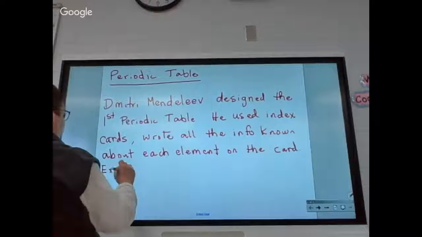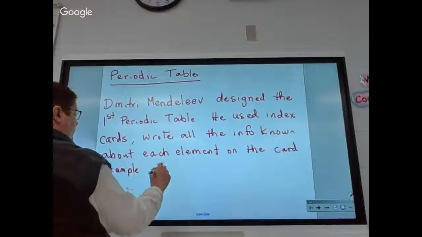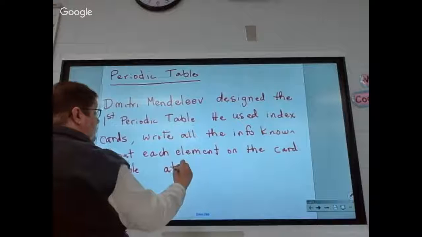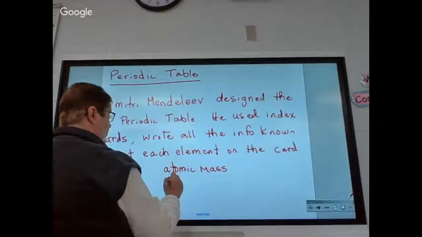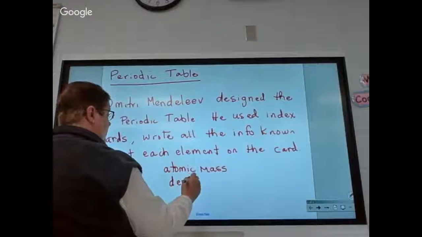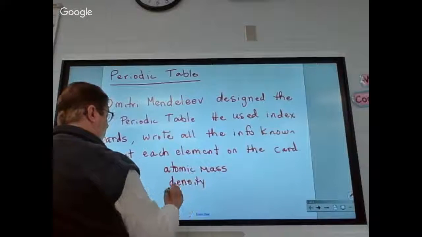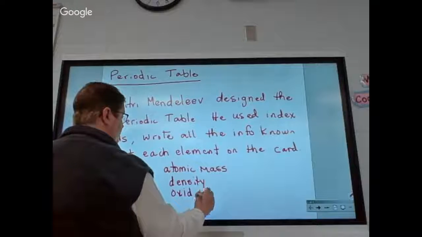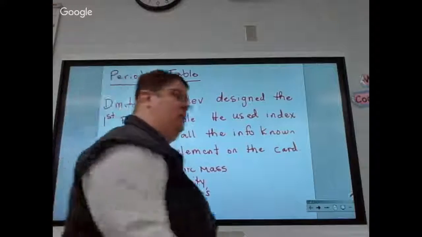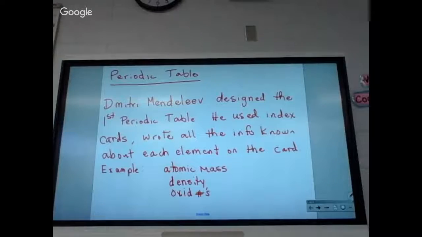For example, he included atomic mass, which was all that was known at that time, density, oxidation numbers. Hold on, I'm going to show you what he had for his first periodic table here. I think this is what this is.